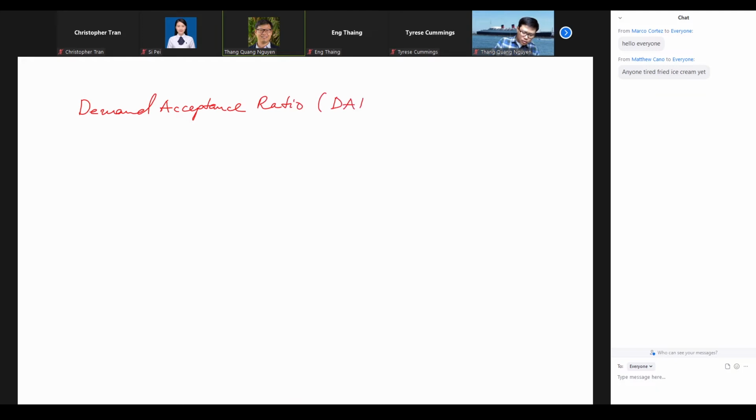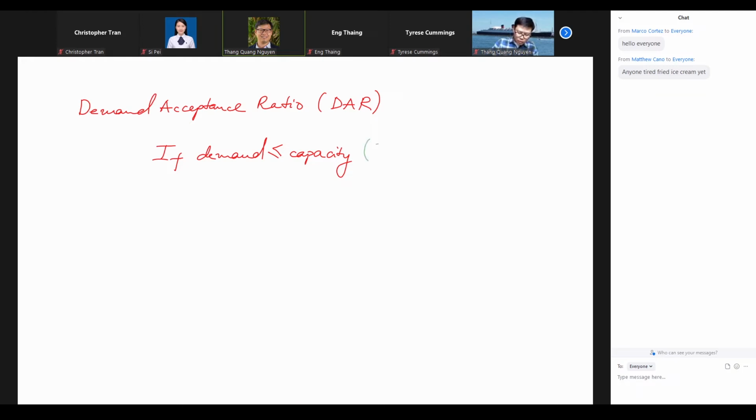Or DAR, right? So there are two cases in which we can determine the DAR. In the first scenario, demand is smaller than or equal to capacity. How do we know demand is smaller than or equal to capacity? To know it, you have to look at all of the IUs.